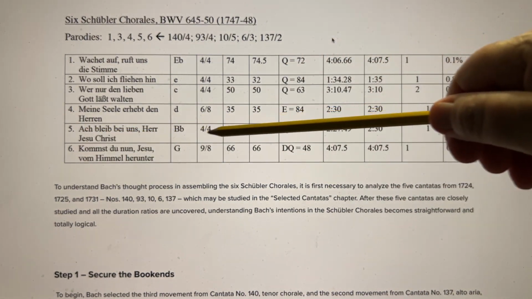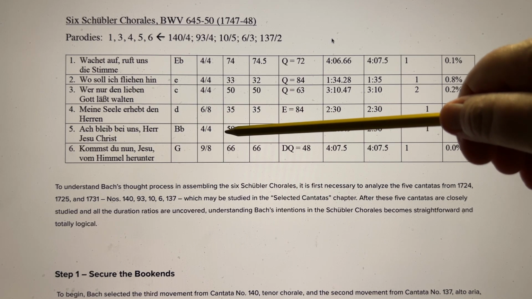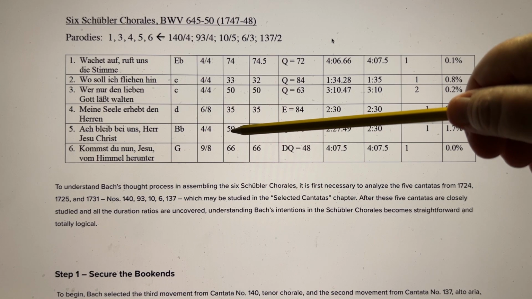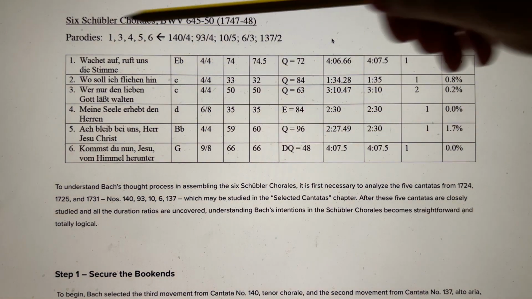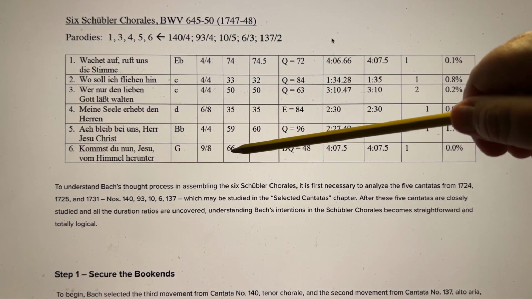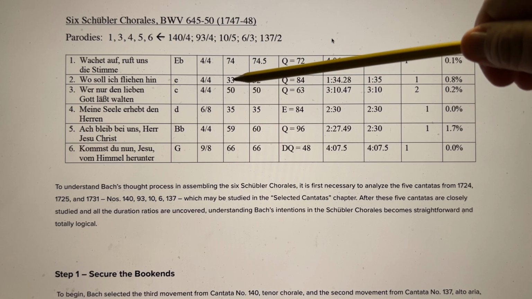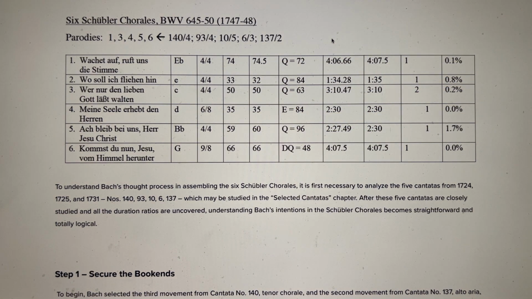There's a big cut here. The original in the cantata has 100 measures. This only has 59 measures. So he cut it almost in half to fit in the Schübler chorale set here. But other than that big cut in number 5, all the other ones have the same number of measures, and they all have the same tempos.